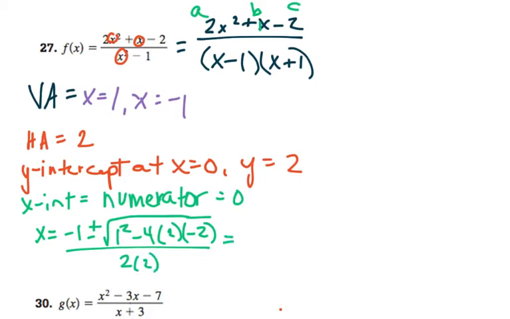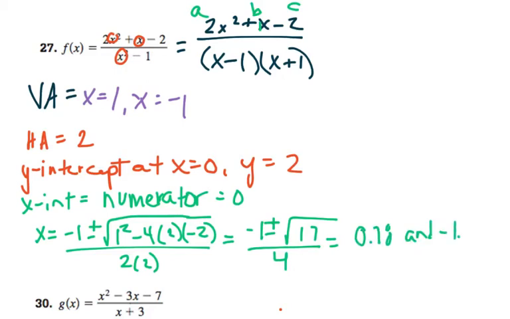It's gross, but it's actually -1, add or subtract square root of 17, over 4. Either way, we are just sketching a graph, so we just need a rounded decimal. If you evaluate, you get 0.78 and also -1.28. Either way, we just needed a little sketch.